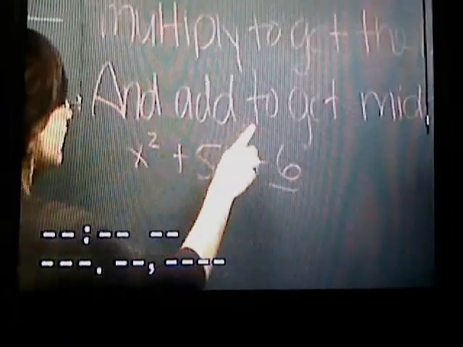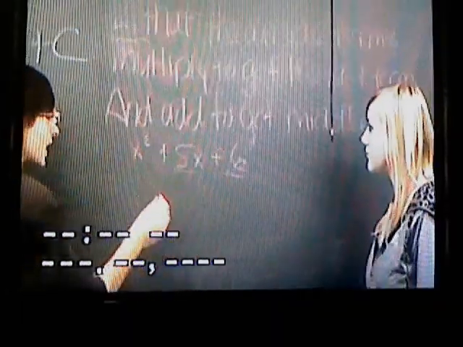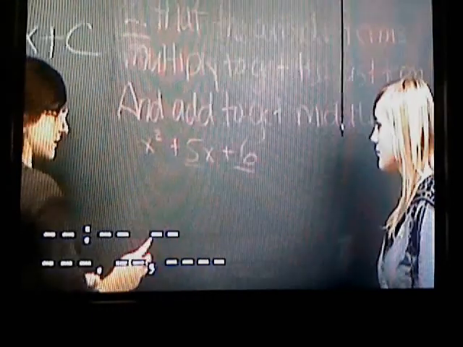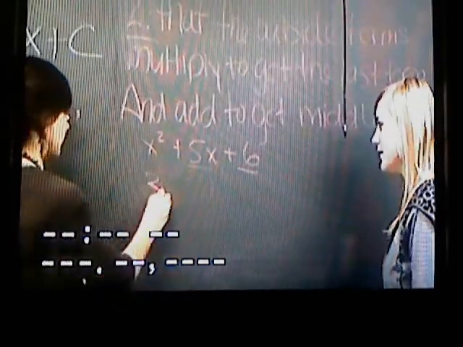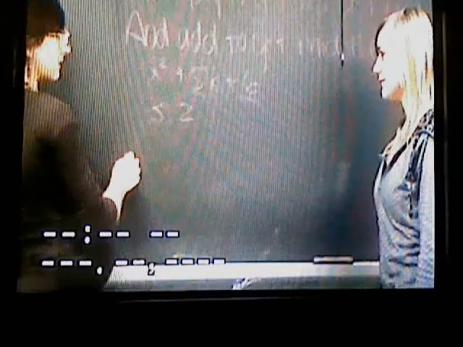Number 2, you have to remember that the outside terms multiply to get the last term and add to get the middle term. So what times what will get you 6? 3 times 2? 1 times 6?